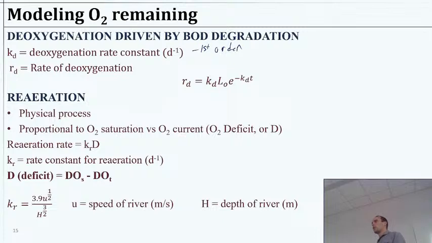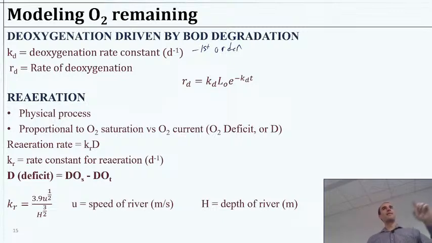There's also going to be those mixing factors. So the re-aeration rate depends on that deficit. And here, I apologize, this could get confusing. We're just going to use capital D, following our book's terminology, for deficit. That's different than dissolved oxygen. In fact, it's kind of the reverse.